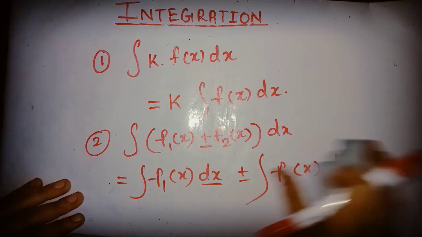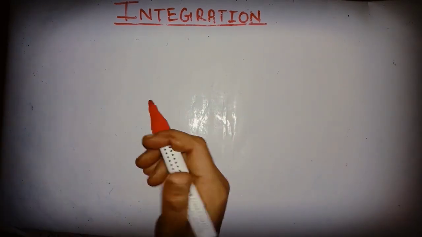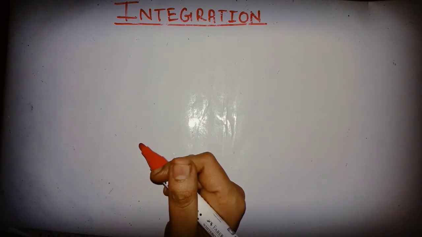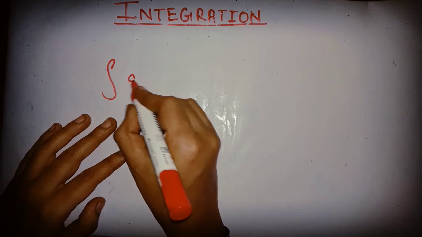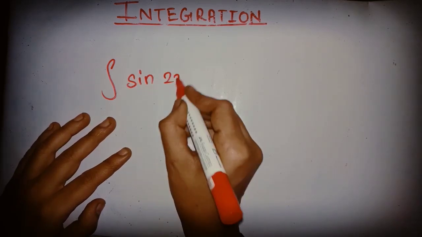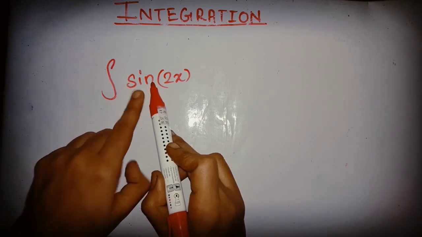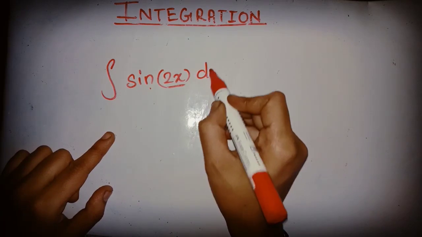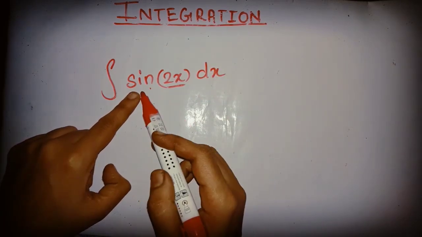And one more thing, I'll give you one example. Suppose you have a function in a function. Suppose you have the integral of sin 2x. Here sin is one function and you have one more function inside it, that is 2x. Then you have to integrate this function first.